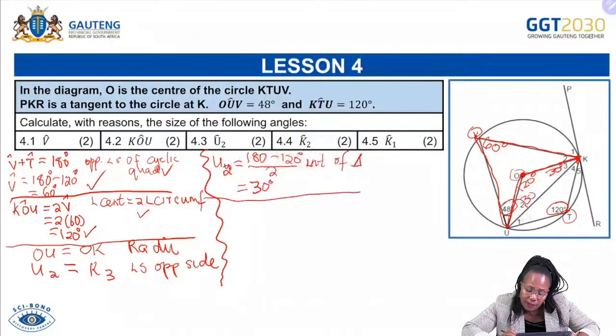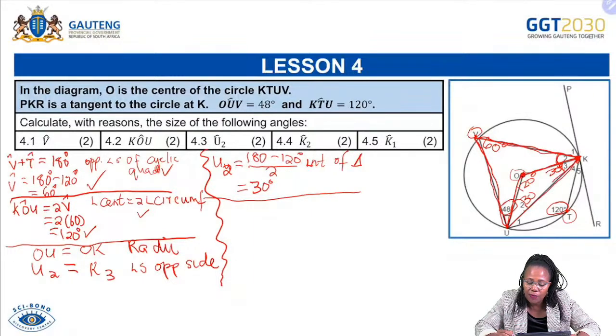Okay, let's put in the values, we've indicated U2 30 and K3 30 there. Now we need K2. K2 is this angle here. If you look at K2, K2 is inside this triangle. So we can use the sum of angles of a triangle and subtract all these angles. Then you will be left with K2.